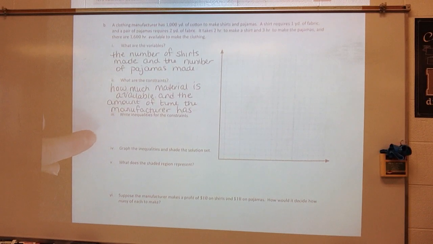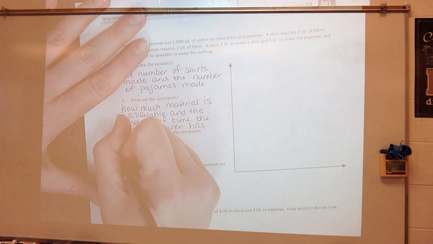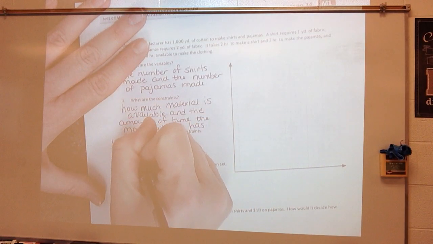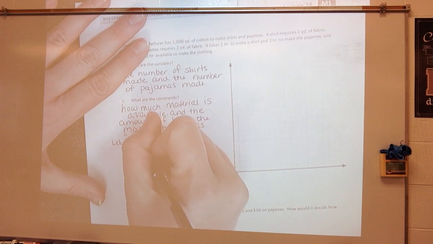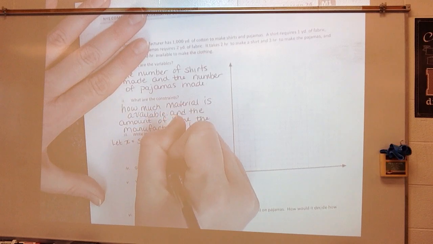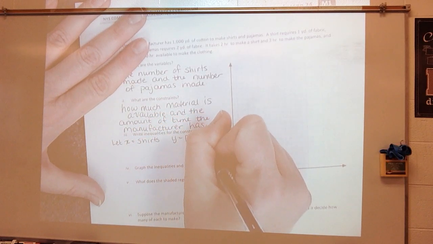Well, let's look at this. I know I have to identify my variables. So we'll let x equal the number of shirts, and y equal the number of pajamas.